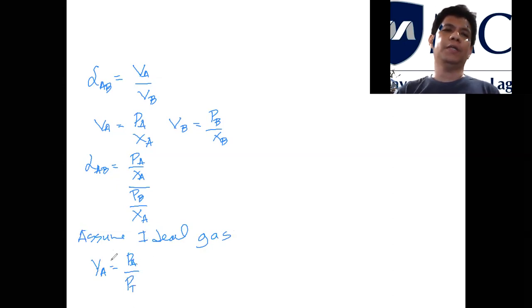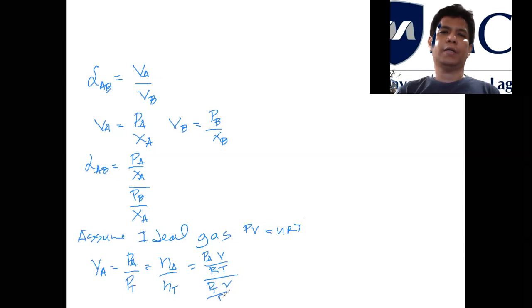the original definition of Y sub A is number of moles of A divided by total number of moles. Then if you use the ideal gas equation, PV equals nRT, so N sub A is P sub A V divided by RT, and N total is P total V over RT.